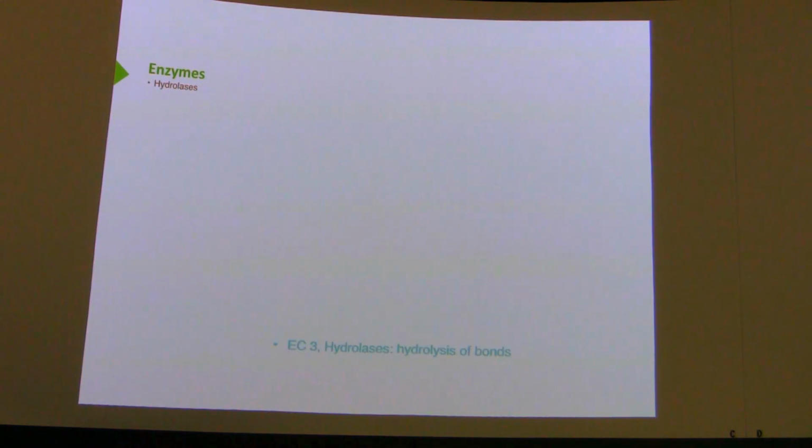The third enzyme class involves what are called hydrolases. And these are enzymes that catalyze the hydrolysis of bonds. Hydrolysis, of course, referring to water. So these guys use water to break bonds. And the enzyme that I'll talk about later in the class today, chymotrypsin, is a hydrolase because it uses water to break peptide bonds.